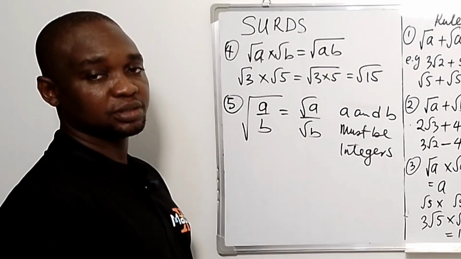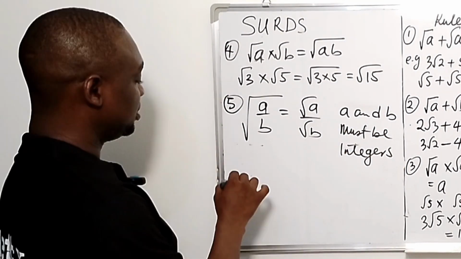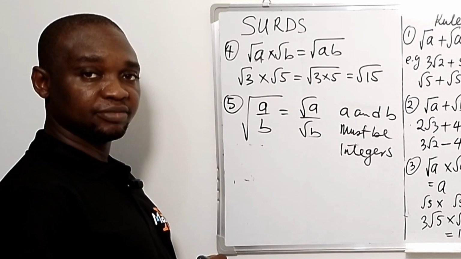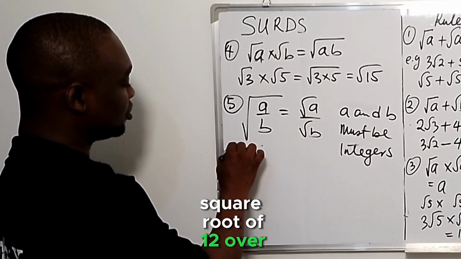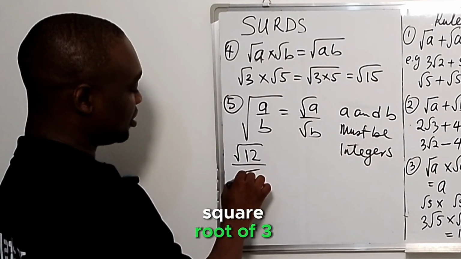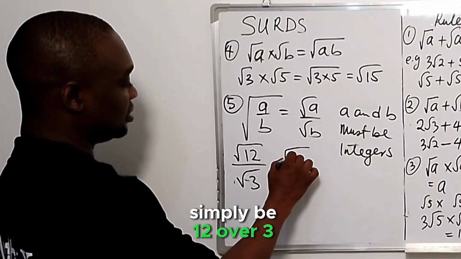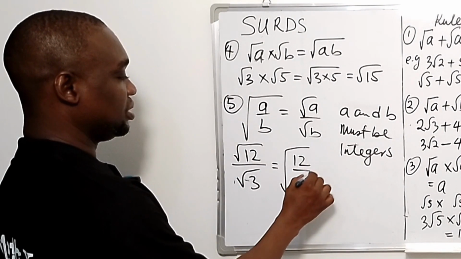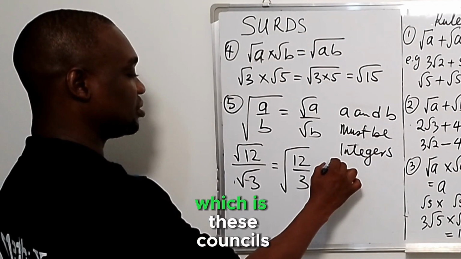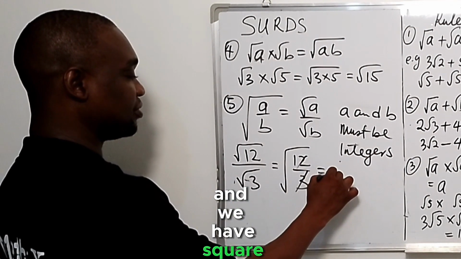Very important. They must be integers. An example of this would be if I have square root of 12 over square root of 3. Using this rule, this would simply be 12 over 3, which cancels, and we have square root of 4.